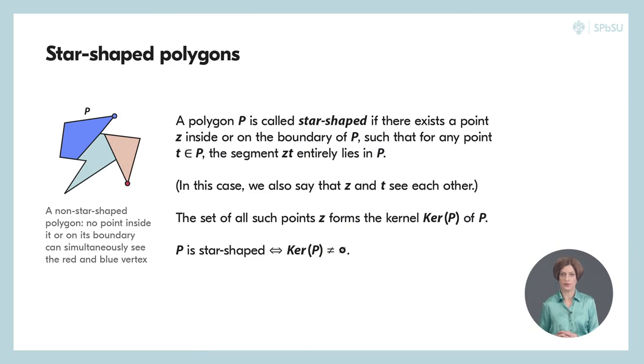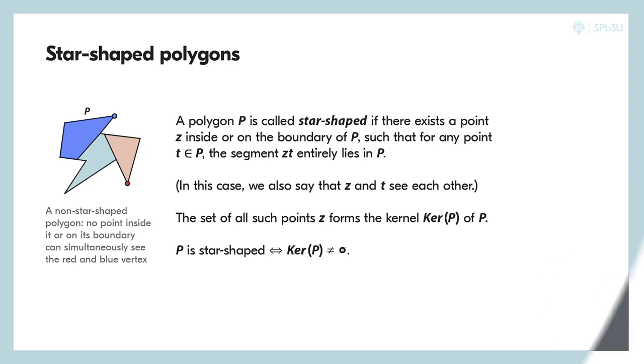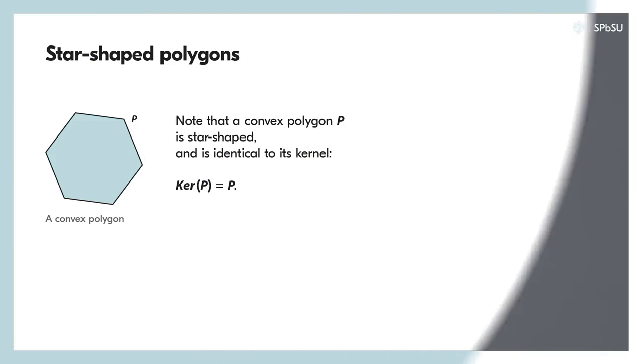And the region of P consisting of the points that can see the blue vertex is highlighted light blue. Since those two regions do not intersect, no point of P can see simultaneously the red and blue vertex. And this implies that the kernel of P is empty.